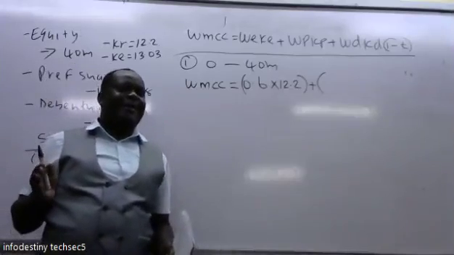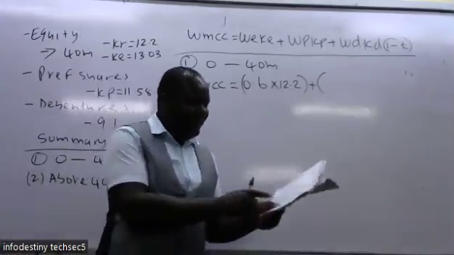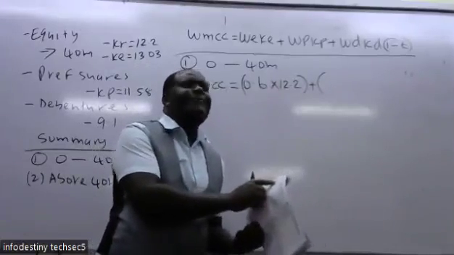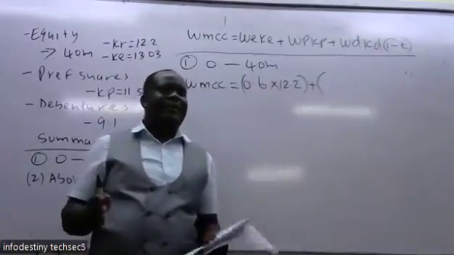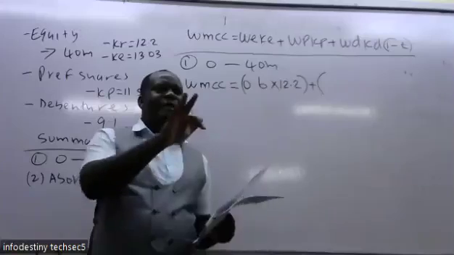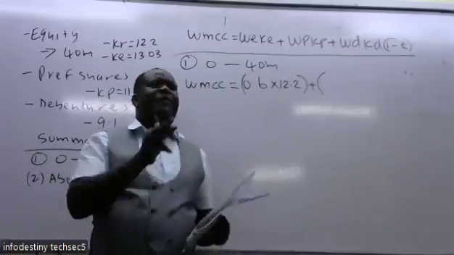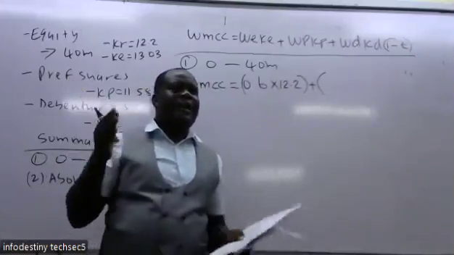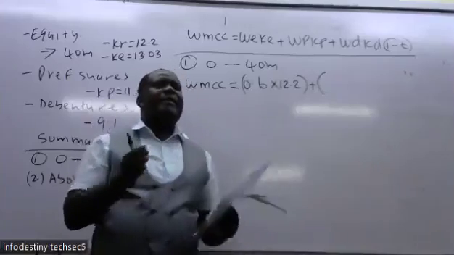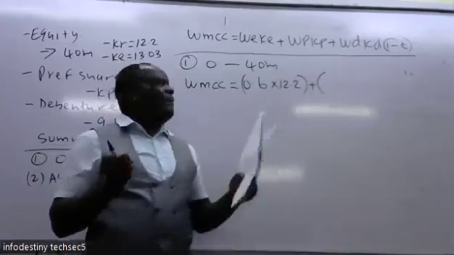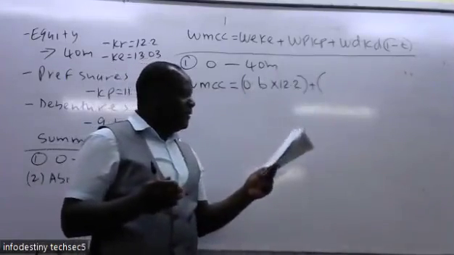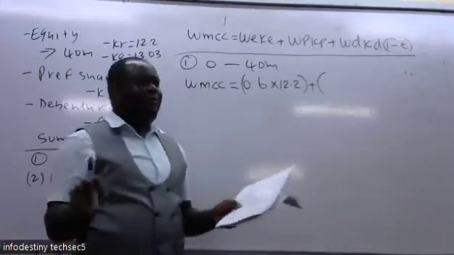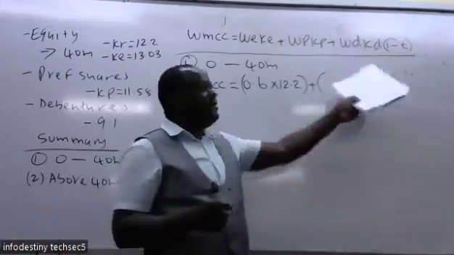So equity is this one, we must specify. There are 3: equity capital, preference share capital, and debenture capital. Equity, from your knowledge, has 3 items: retained earnings, ordinary shares, and reserves. So it has covered the 3 items. So 60% represents equity. Preference share is 15%, which means the other one is 25% to be debentures.